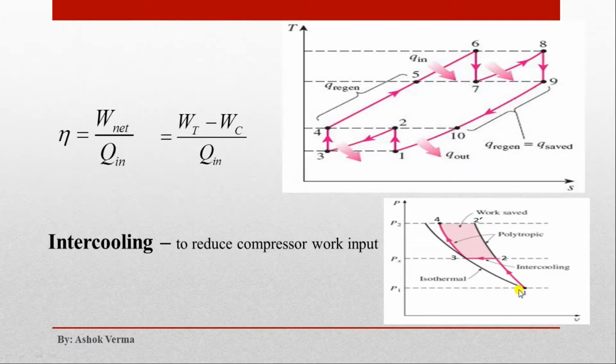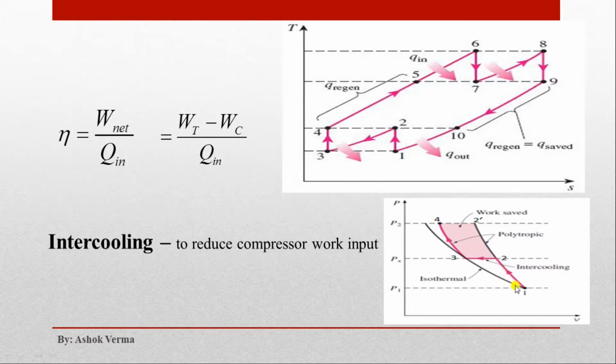But if you are compressing the air in multiple stages, here we are taking two stages, the process is 1 to 2, then we are intercooling, and then we are increasing the pressure, meaning we are again compressing the air.